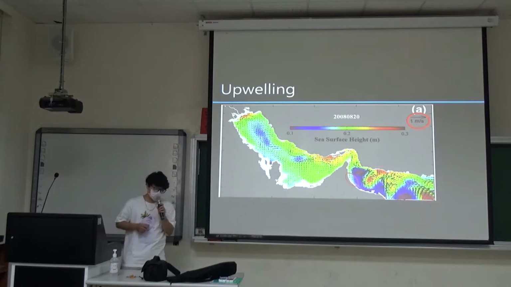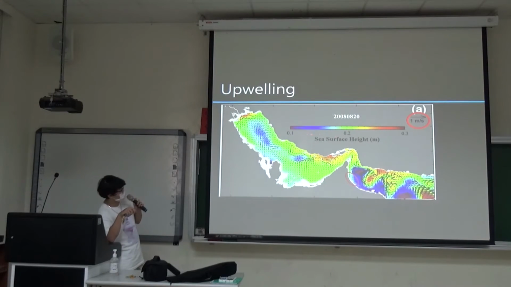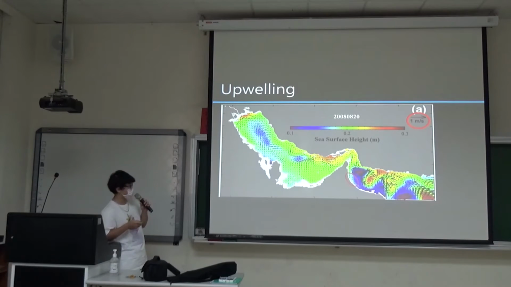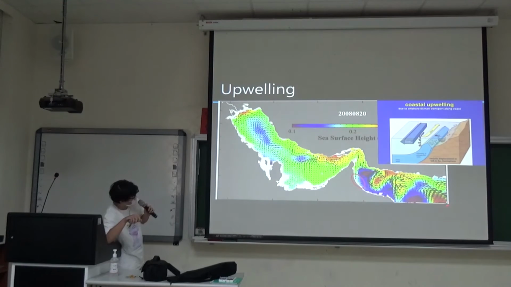And this graph is about sea surface height. You can see the color scale here is sea surface height. And the arrow means the water flow velocity and direction. And the water here is flowing offshore.